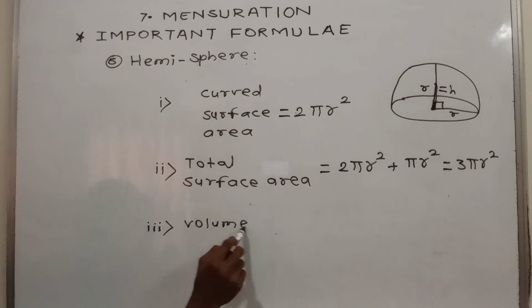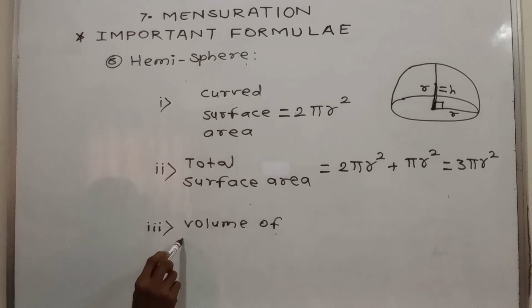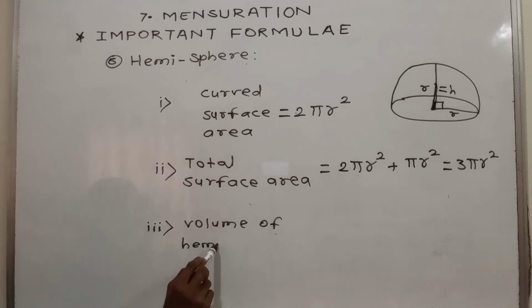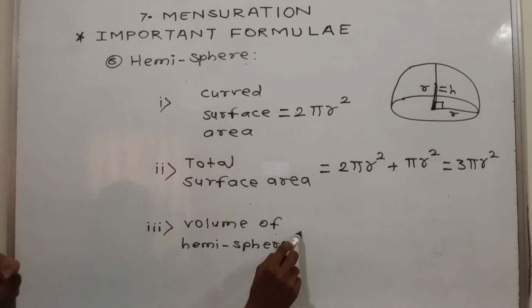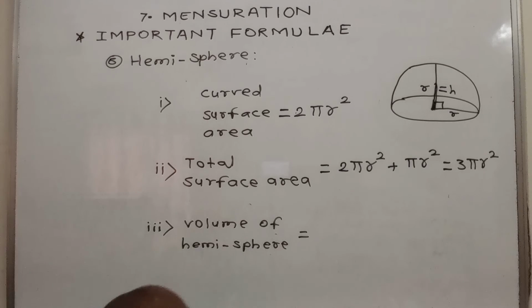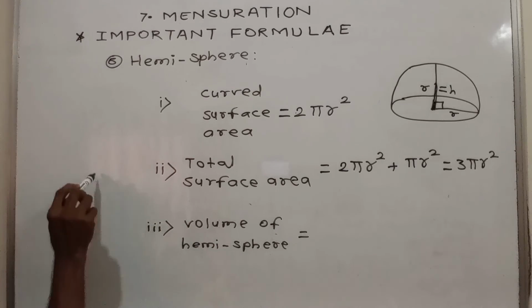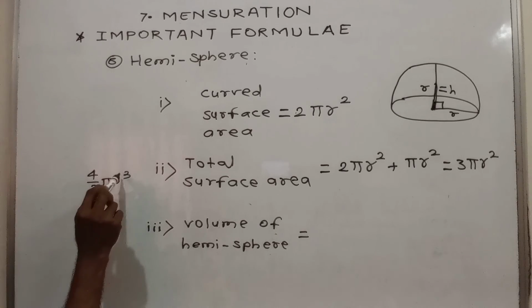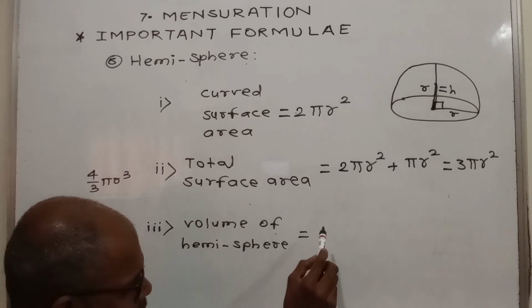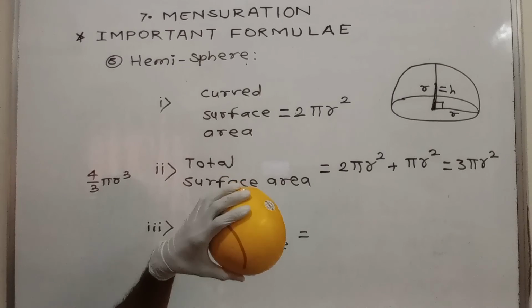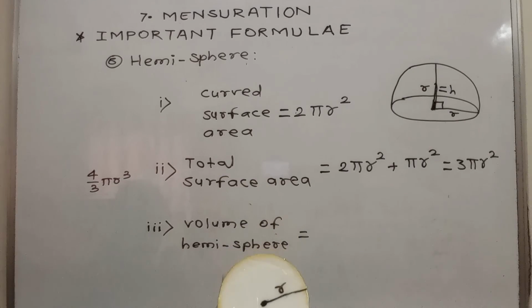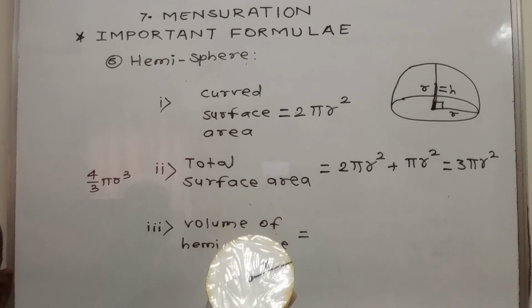Now, third one, that is volume of hemisphere. Volume of a hemisphere. Now, volume of sphere is 4 upon 3 pi r cube. I will write here, no problem. Then hemisphere means half part of sphere.